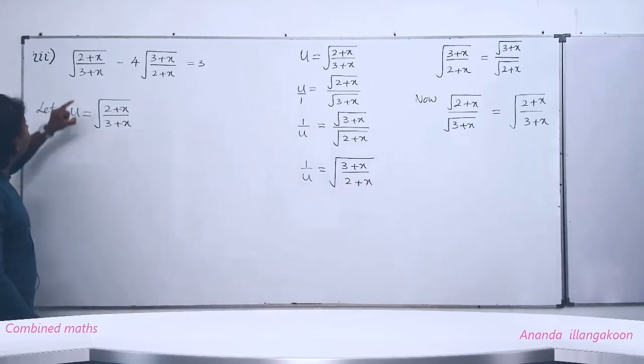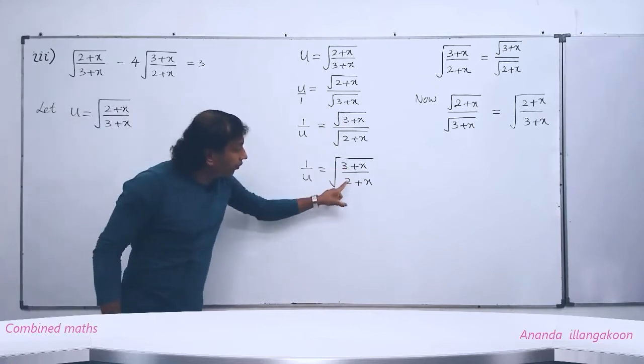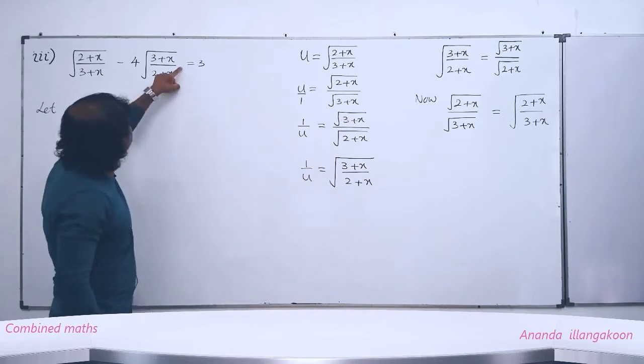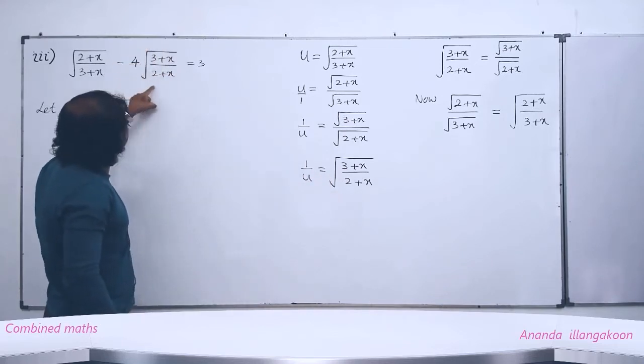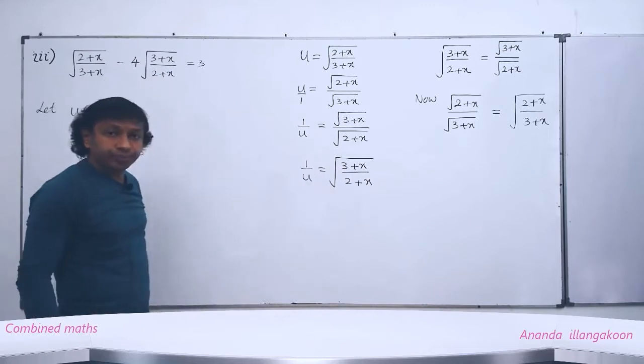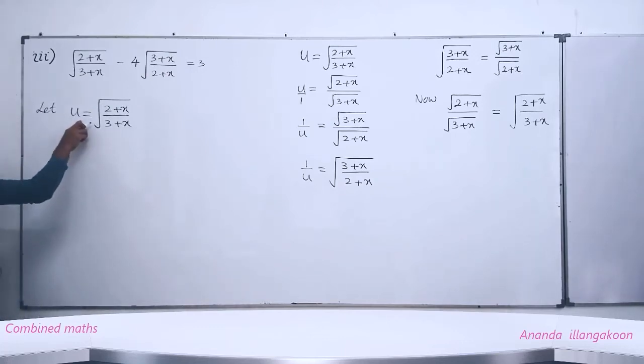People, then if I take this as our u, this square root of 3 plus x divided by 2 plus x, that means this, no? What is this? It is 1 upon u. Okay. So then I can write this equation again in terms of u.